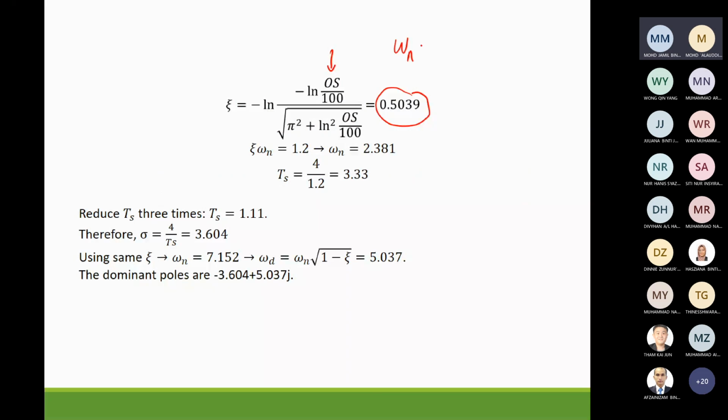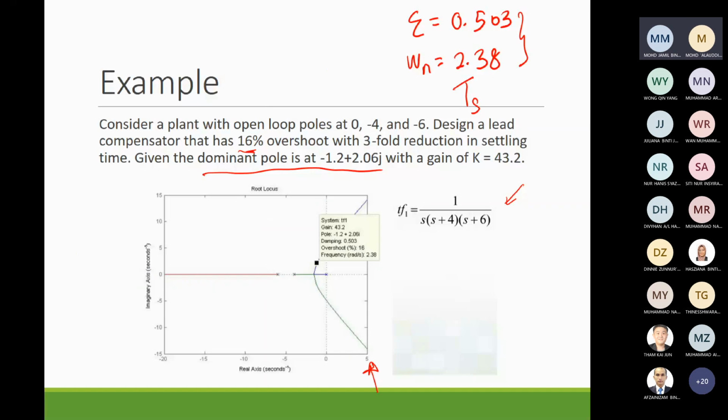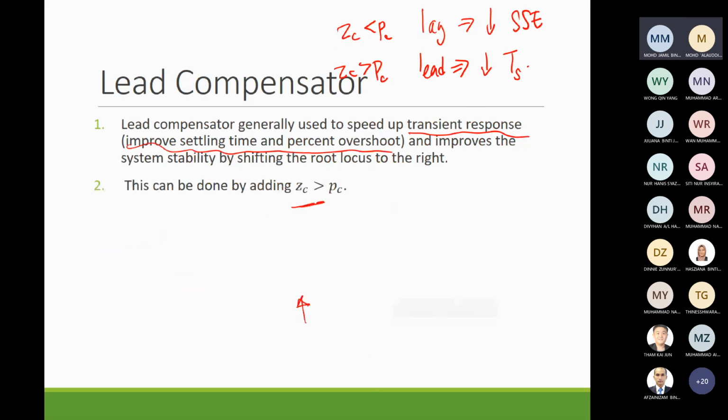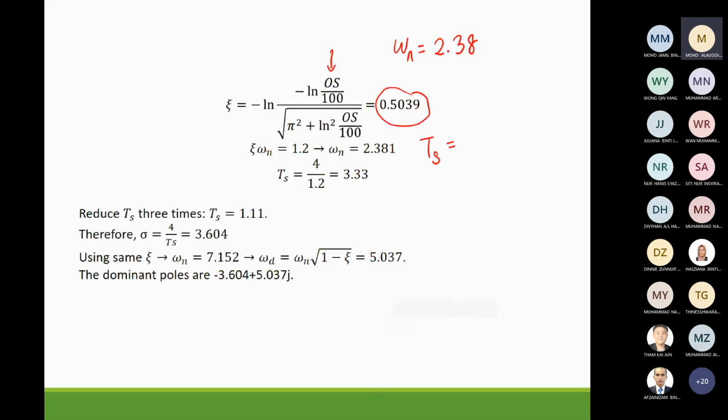And then we have the frequency, which is 2.38. So we can get the settling time, which equals this formula: 4 over damping ratio times omega n.